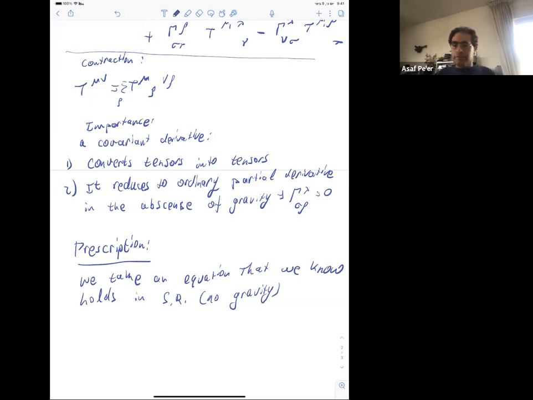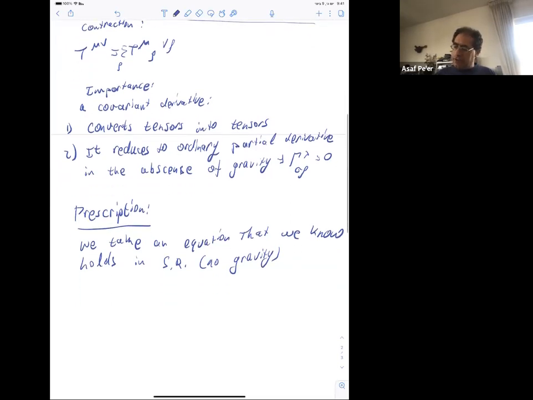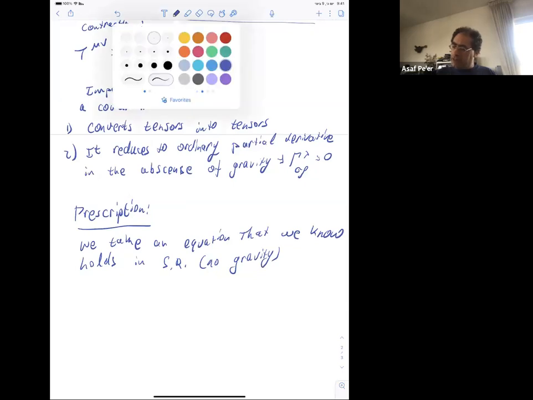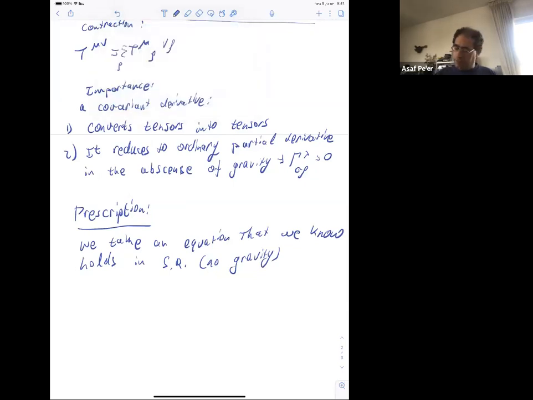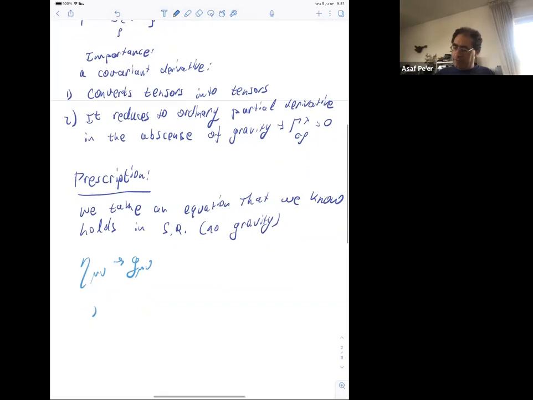And then all we have to do with this equation is, one, every time we have eta mu nu, replace it with a g mu nu. And every time we have a partial derivative, replace it with a covariant derivative. That's called the comma-semicolon rule. The partial derivative is replaced with a covariant derivative.